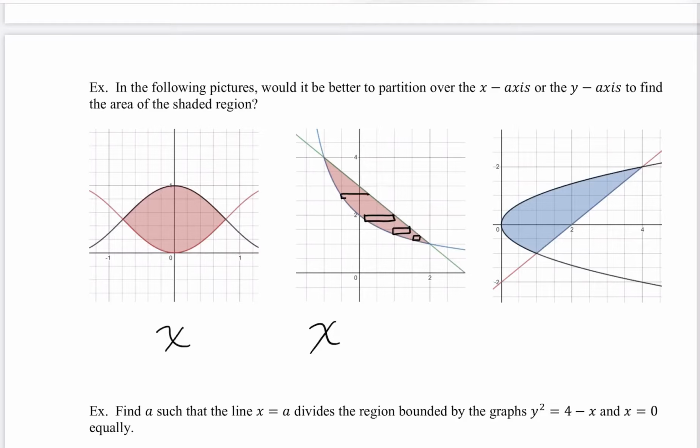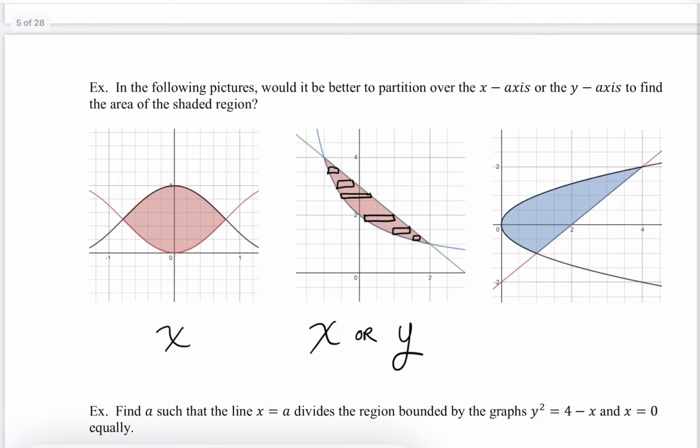So x equals functions of y. Well, here it would be fine to partition along the y-axis as well. I would probably make my choice more dependent on how the functions were given to me, because here the right curve and the left curve always stay the same, so still just one integral.